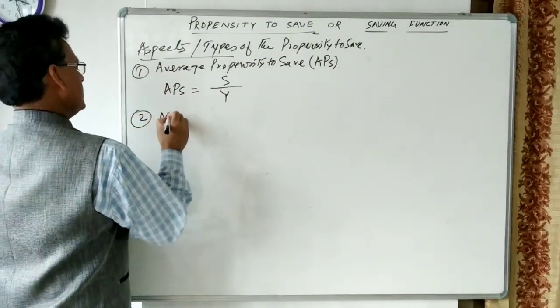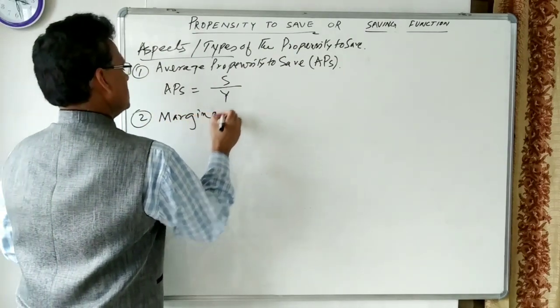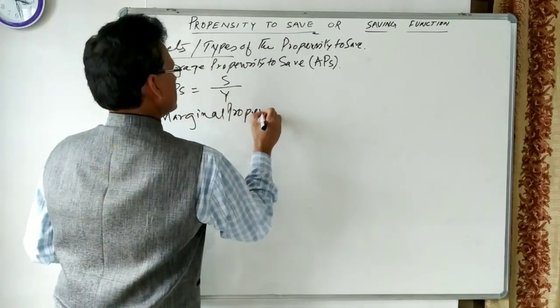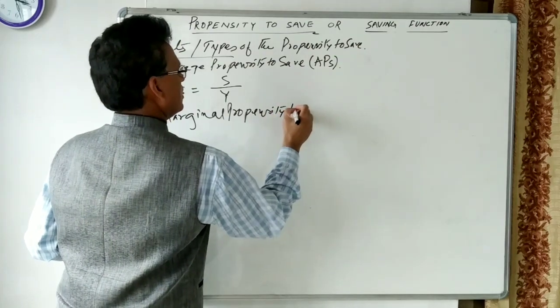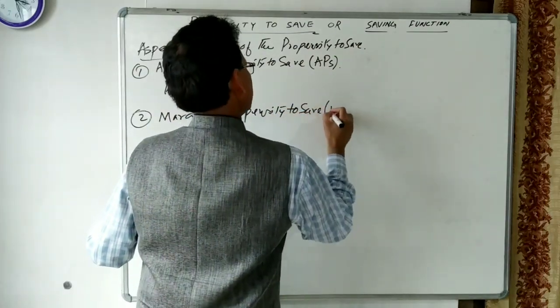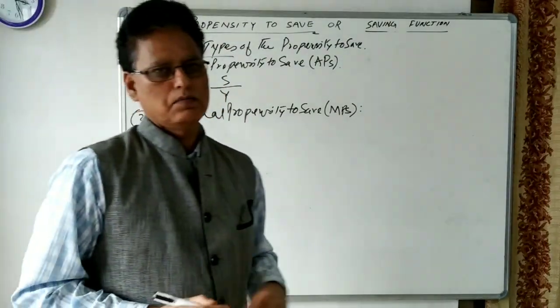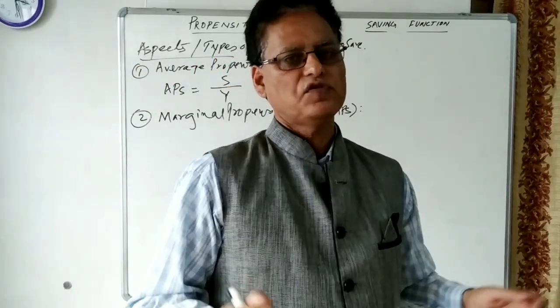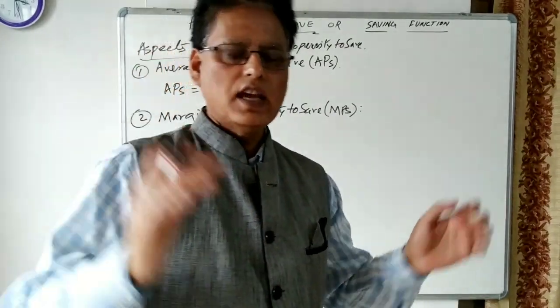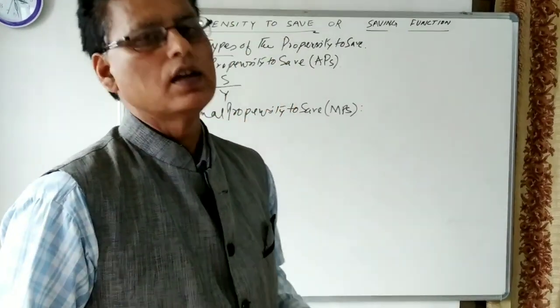Number 2 is marginal propensity to save. Marginal propensity to save is defined as the ratio of change in saving as a result of change in income.